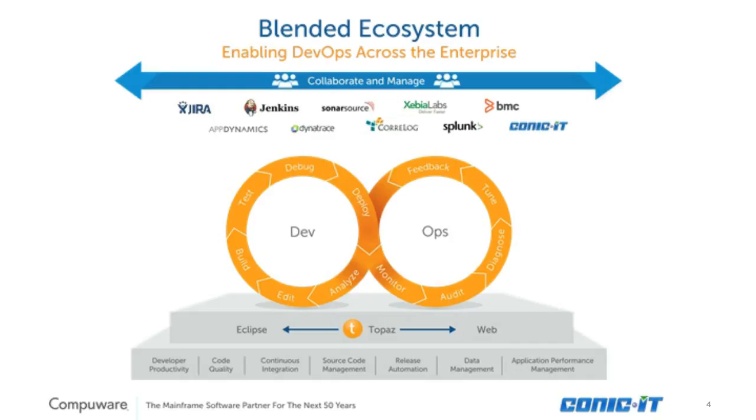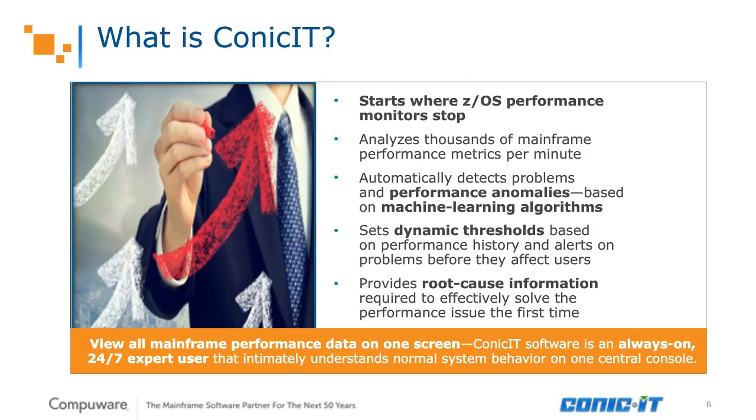And for that, I'm going to pass it over to Jacob to talk about what is ConicIT. Thank you. Hi. So what is ConicIT? The idea behind ConicIT is to provide essentially an automated way to look at what's going on from a performance perspective at your mainframe applications.